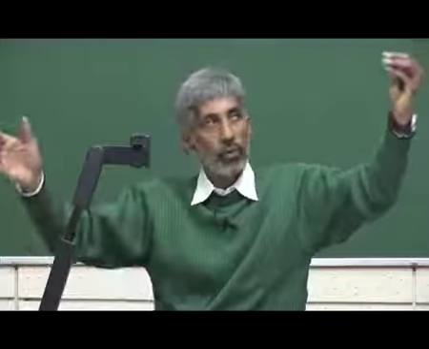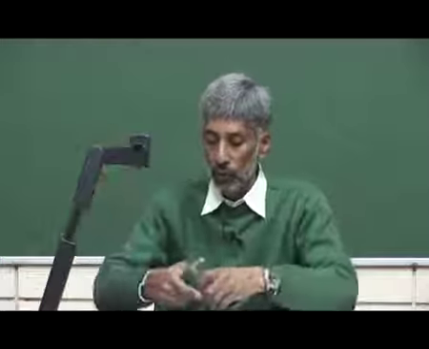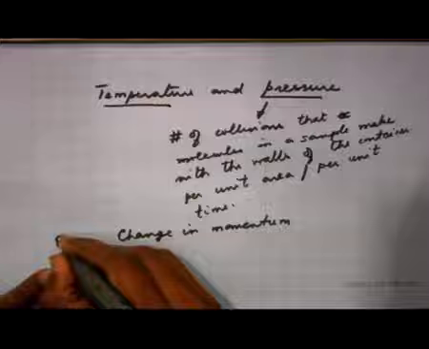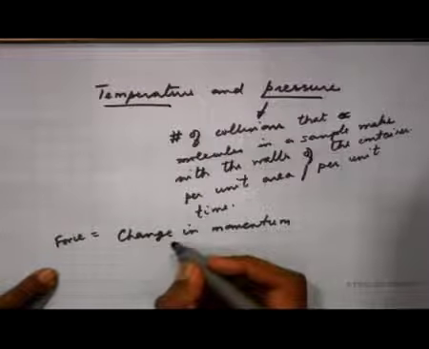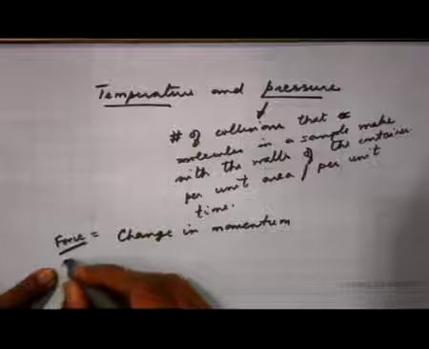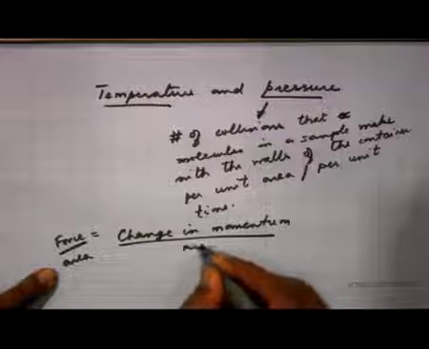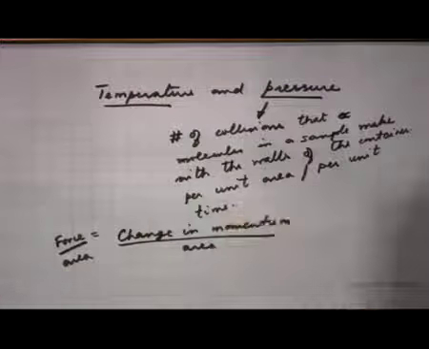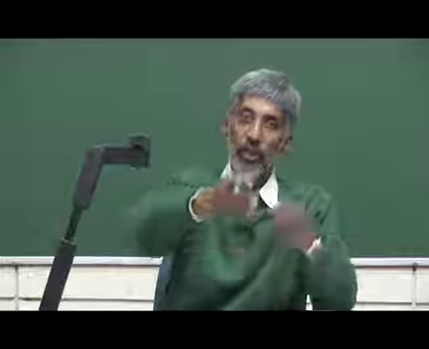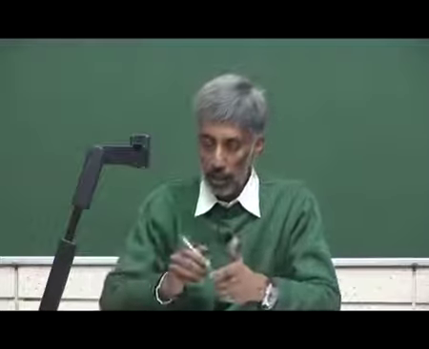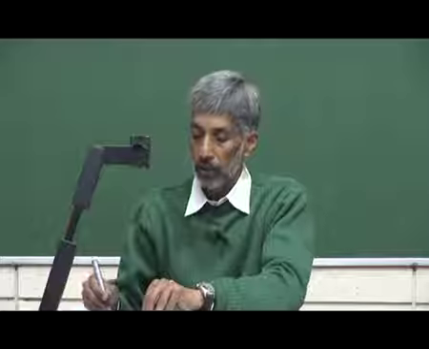A molecule comes, it strikes the wall, the change in momentum is related to the force, and force per unit area, per unit time, will give you the pressure. And since the velocity is related to the temperature, we can say then the pressure is related to the temperature, and this is how one goes about it.